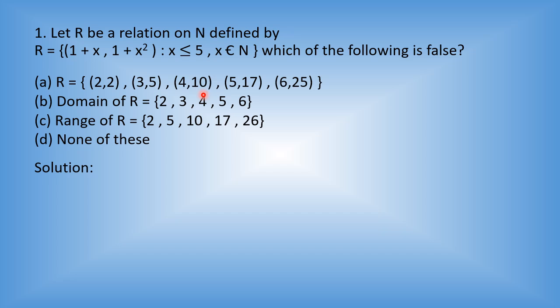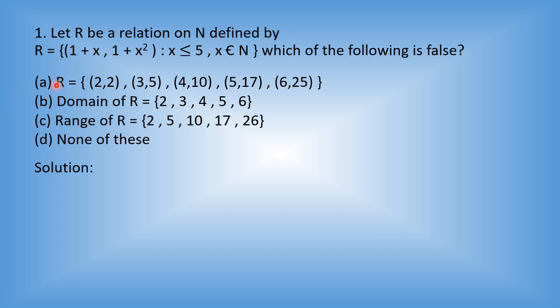This is the third element. When x equals 4, 4 plus 1 is 5, and 4 square, 16 plus 1, is 17. When x equals 5, 5 plus 1 is 6, and 5 square is 25, 25 plus 1 is 26. Here they have given 25, but it should be 26.